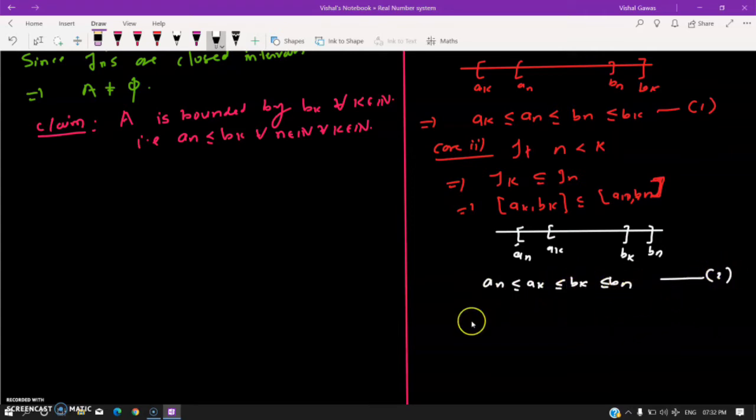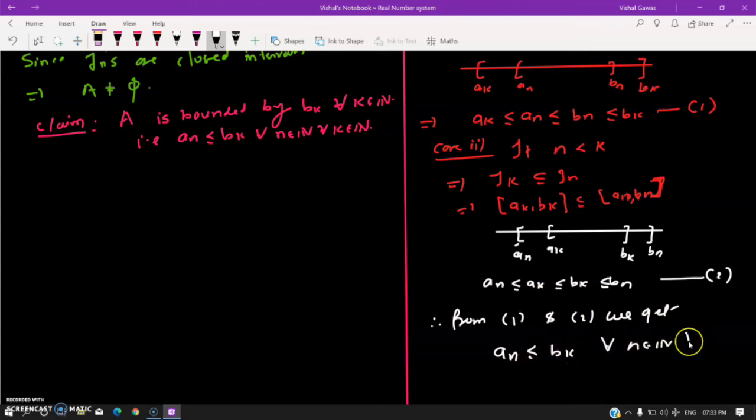Let me name this as 2. Therefore, from 1 and 2, if I look at either, An's are always less than or equal to bk for every n in N, for every k in N.